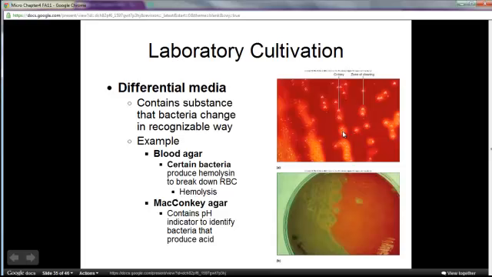This is due to a process these bacteria can undergo known as hemolysis, which is basically them producing an enzyme that lyses red blood cells. So you see this zone of clearing around a colony.